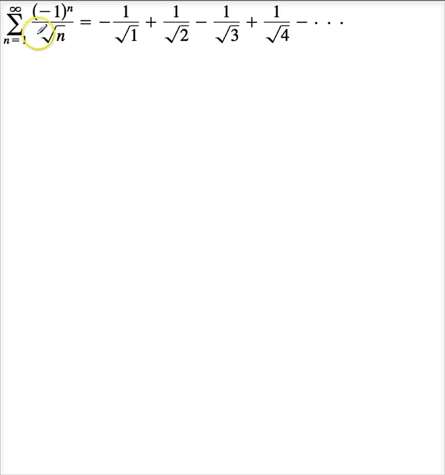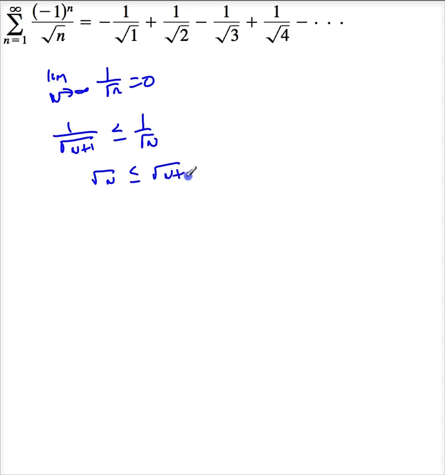What about this? The sum as n goes from 1 to infinity of minus 1 to the n divided by the square root of n. Well, for an alternating series, we can see that it does converge because the limit as n approaches infinity of 1 over the square root of n is 0, and 1 over the square root of n plus 1 is less than or equal to 1 over the square root of n for all n.